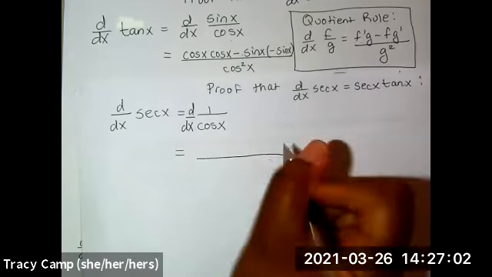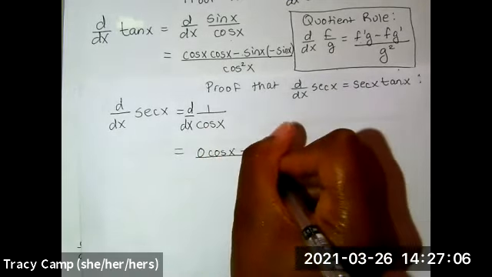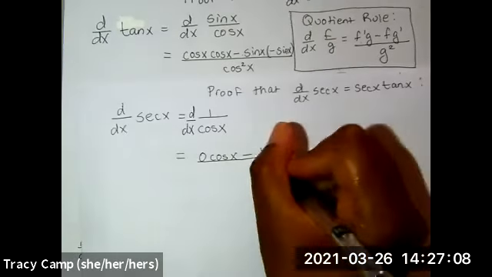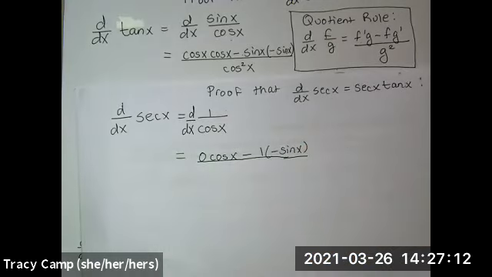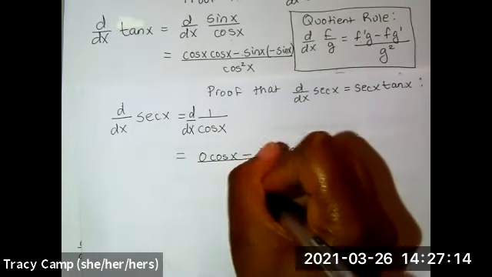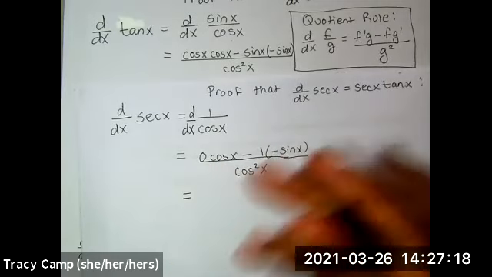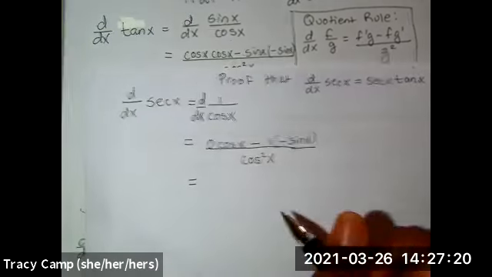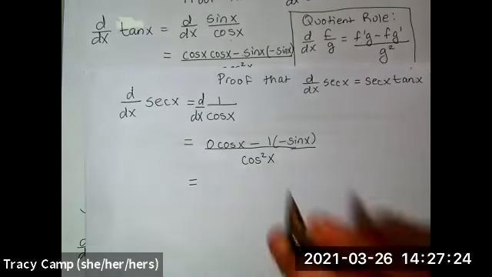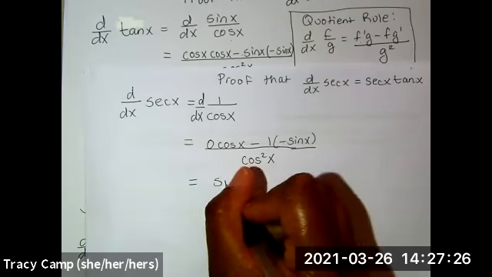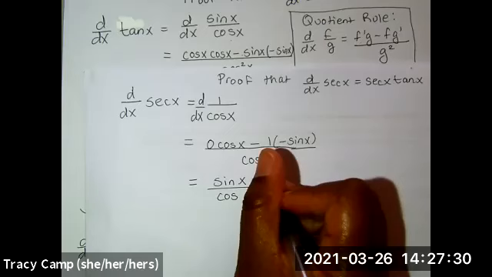So the quotient rule says take the derivative of your numerator, multiply that by your denominator, minus your numerator times the derivative of your denominator. The derivative of cosine is negative sine, and then that's over your denominator squared. And what we end up with is 0 times cosine of x. That part's just 0. And then we have negative 1 times negative sine of x, so it's a positive sine of x over cosine squared x.